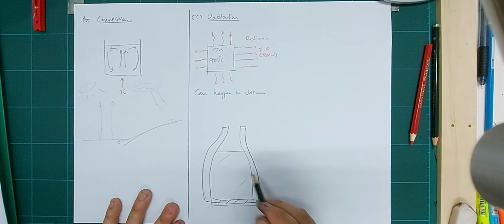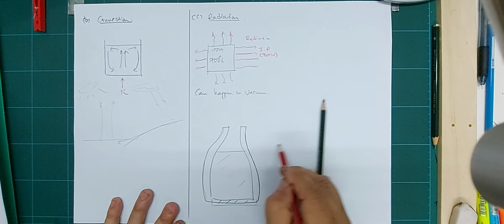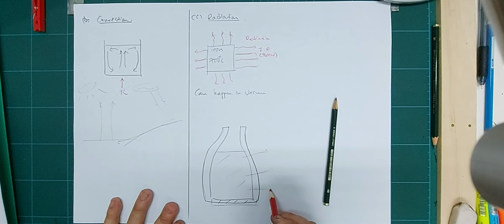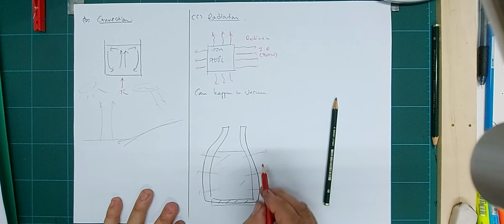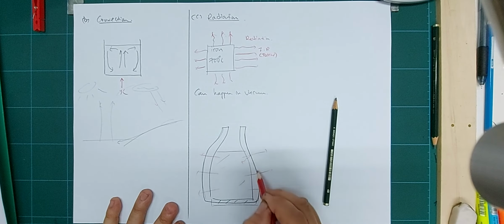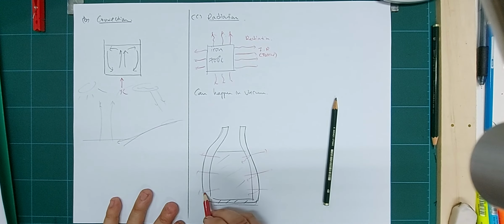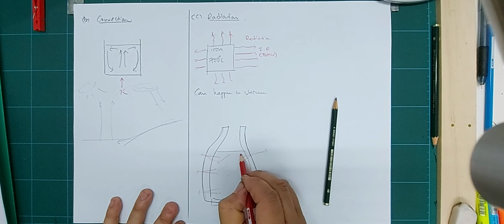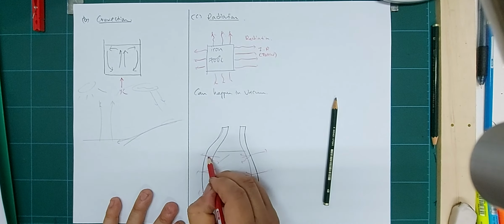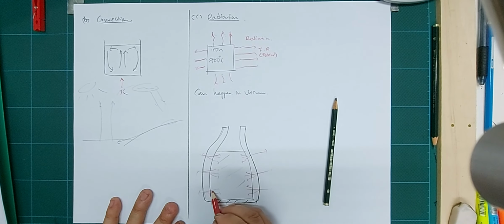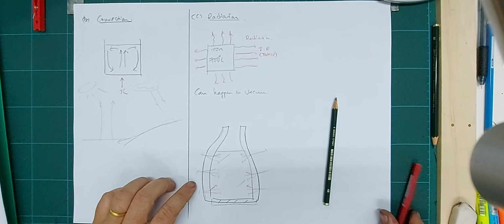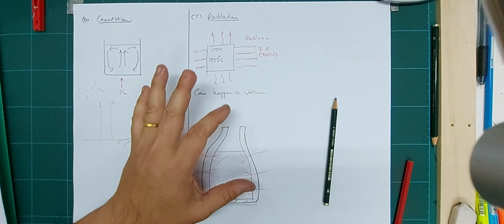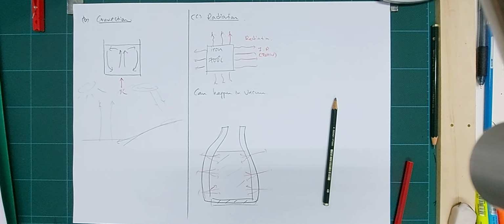No matter how, there is always some heat loss to the surroundings, but part of it will be reflected back because of the surface property, and not only one, but two layers. So this will reduce the heat loss to the surroundings. This is how to reduce radiation.